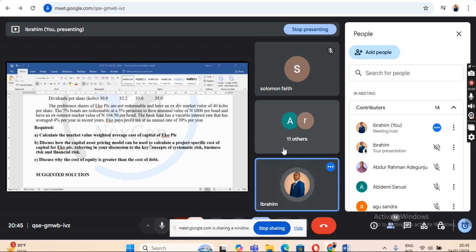The B part says: discuss how the capital asset pricing model can be used to calculate a project-specific cost of capital for Eco PLC, referring in your discussion to the key concepts of systematic risk, business risk, and financial risk.